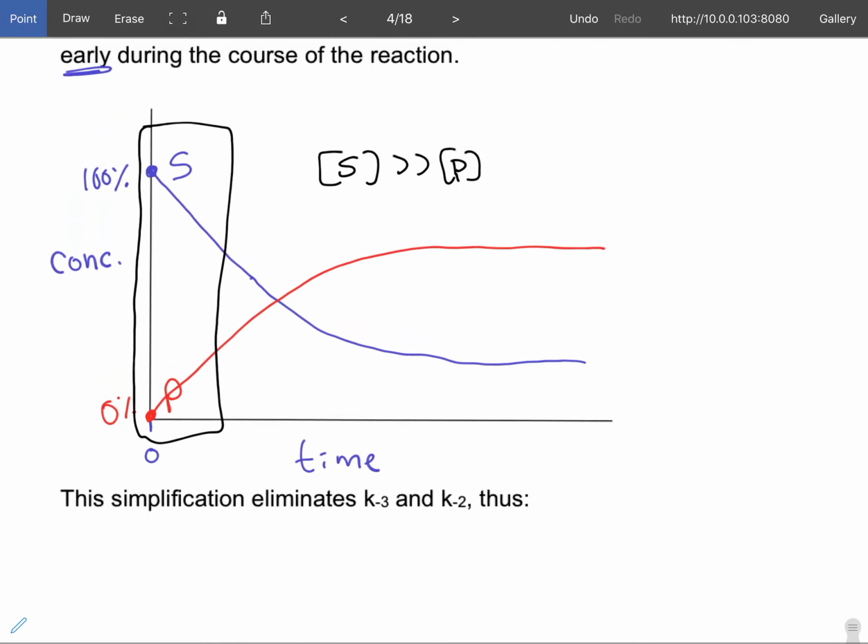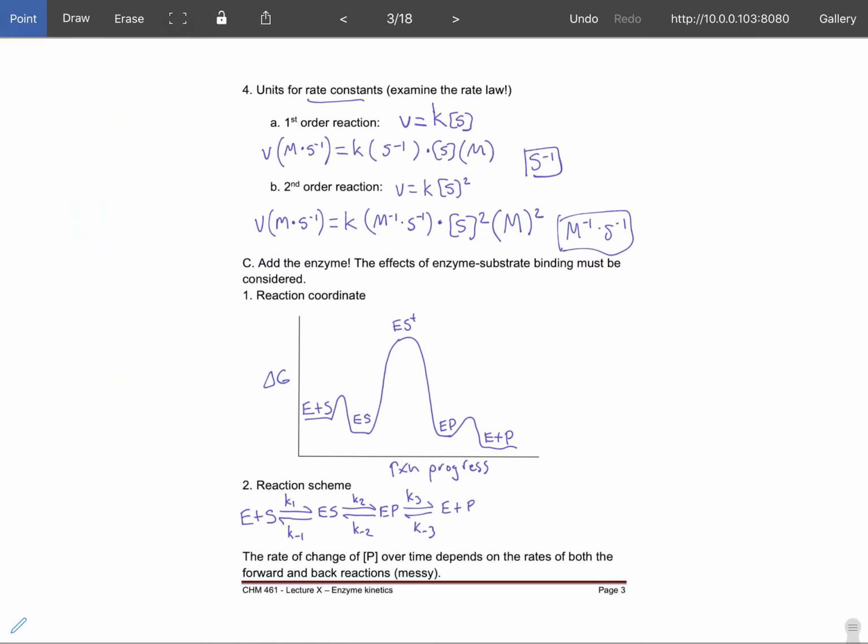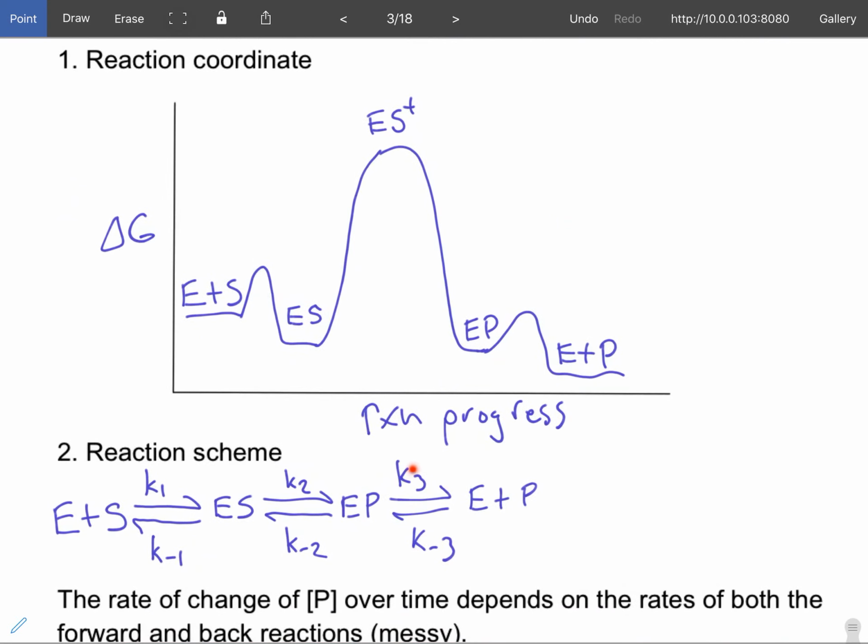And that's actually really important because I'm going to go back one to look at this. Think about this scheme. What happens if there's no product around? If there's no product around, then K minus 3, we don't have this reverse arrow. In other words, there's no product around for the enzyme to bind. So the only way that we form the enzyme product complex is via K2, where the enzyme is actually catalyzing that reaction.